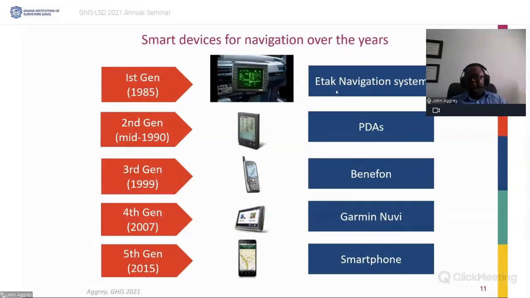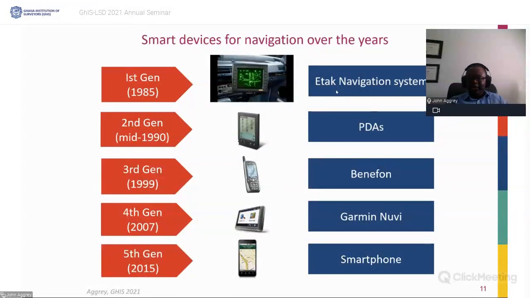The third generation was called the Benephone. This was the first mobile handset that came with a digitized map on it for you to be able to use it as a navigation device to move from point A to point B quite easily. Then came the fourth generation within the 2000s, and I'm sure most of you are familiar with the Garmin devices. So we had the Garmin Nuvi, the Garmin Nuvi 2000, the Garmin Nuvi 2500, and all of these Garmin devices. We also have other devices like the TomTom navigation system.